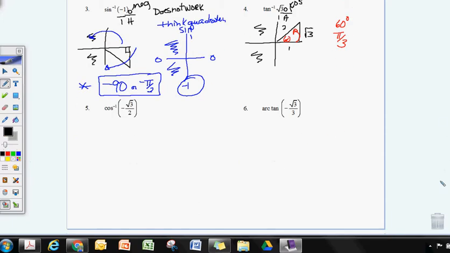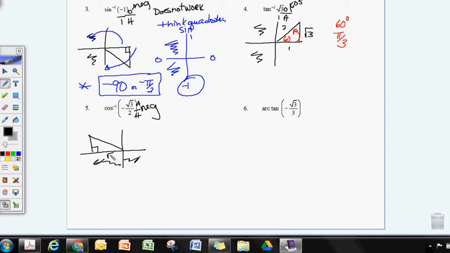So now let's look at problem 5. For problem 5, I have a cosine. Cosine is either found in quadrant 1 or 2. It's negative, so it's going to be found in quadrant number 2. Cosine stands for adjacent over hypotenuse.